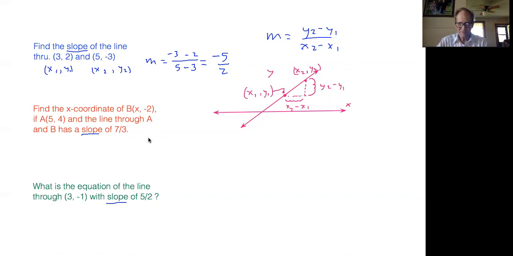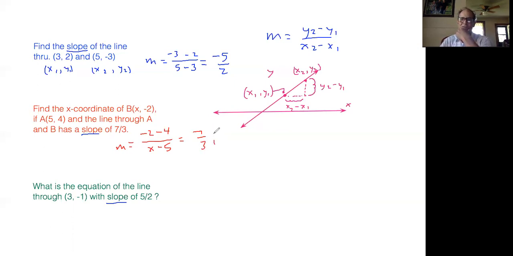I'll call this y2, x2. So I have negative 2 minus 4 over x minus 5, and that equals my slope, which equals, as it says, 7/3. Now look what I've done right here.